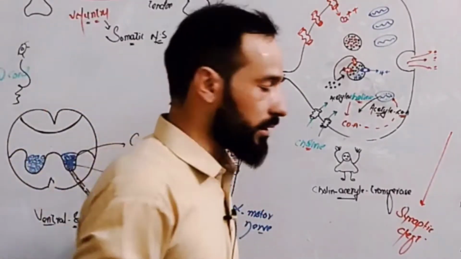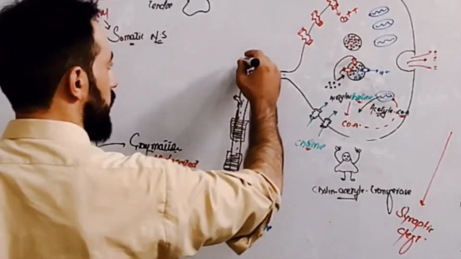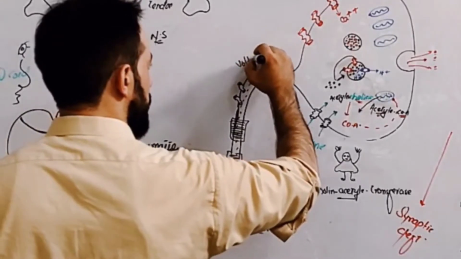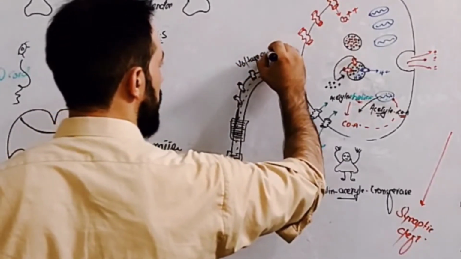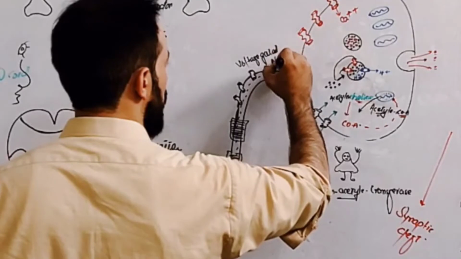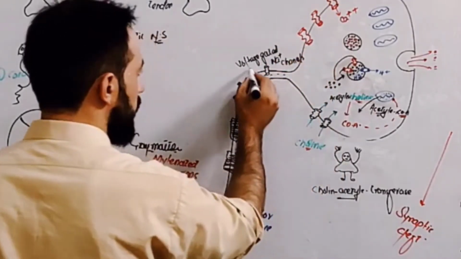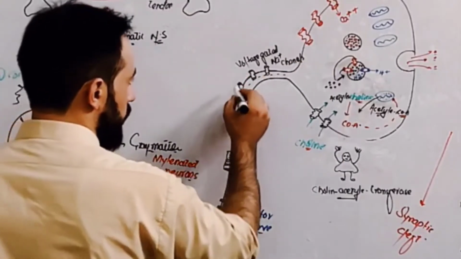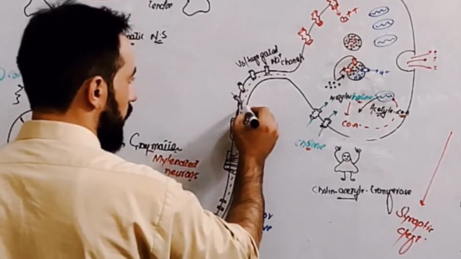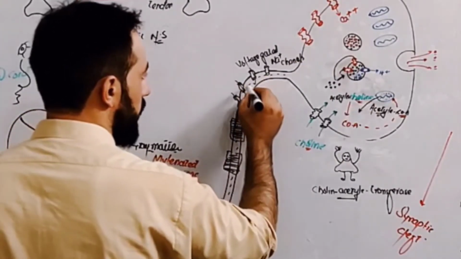So here are voltage gated sodium channels, and through these voltage gated sodium channels, when the potential comes, these open and lots of sodium influx occurs.